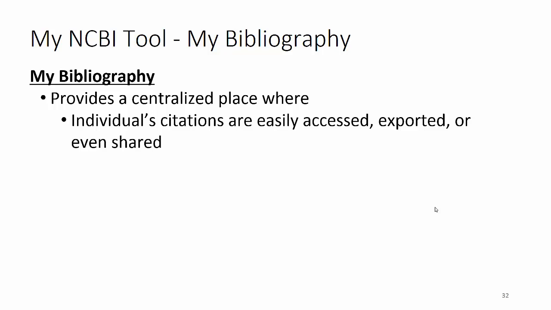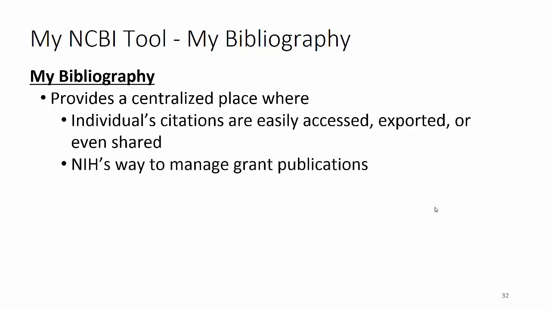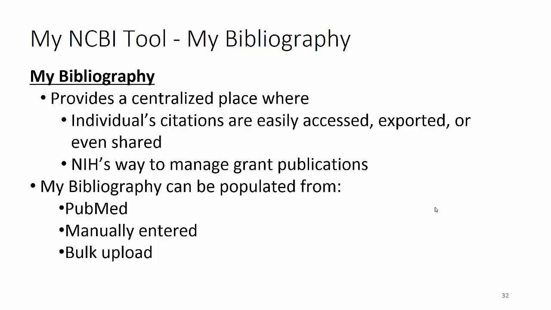It's also a place where not only journal articles can be included, but everything else. So if your PI wants an online space with all of their bibliography in it, that can be something MyBibliography serves. It is NIH's way to manage grant publications.